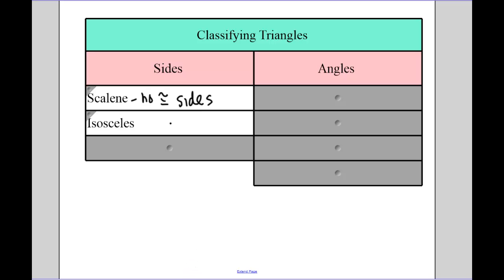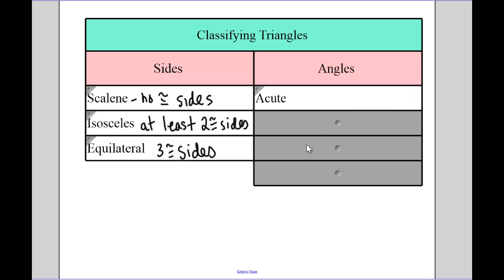Be careful of this definition. At least two congruent sides. So at least means two or more, so two or three. Equilateral is going to be three congruent sides.